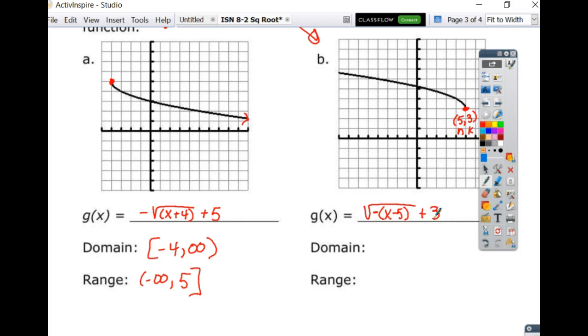If you don't put parentheses, it's going to be wrong. So make sure you put parentheses there, okay? The domain, very good. And then bottom to top is 3 to infinity.